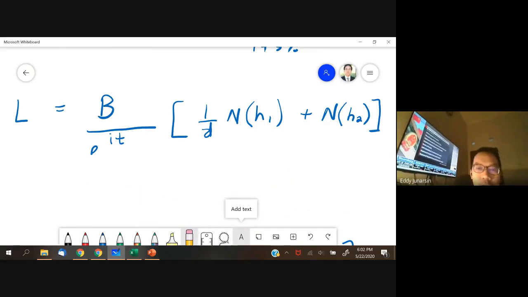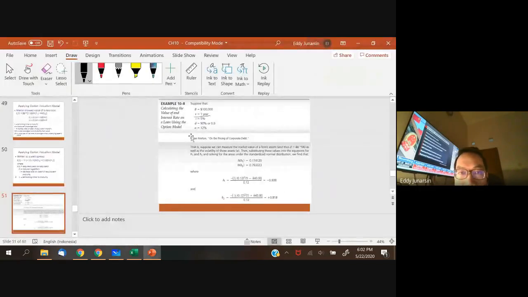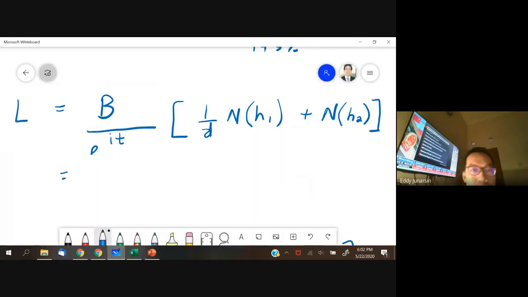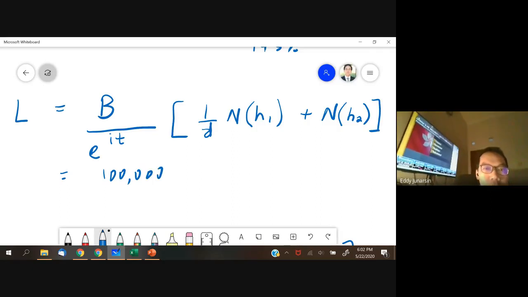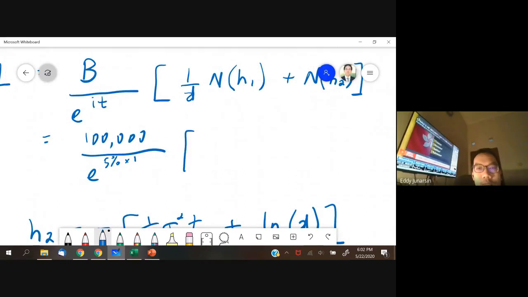So what is the amount of borrowing? 100,000. 100,000 divided by, so the E to the power of what's that? 5%. 5% times 1. Right. So 1 over D. The D is 90%, right? The debt ratio.